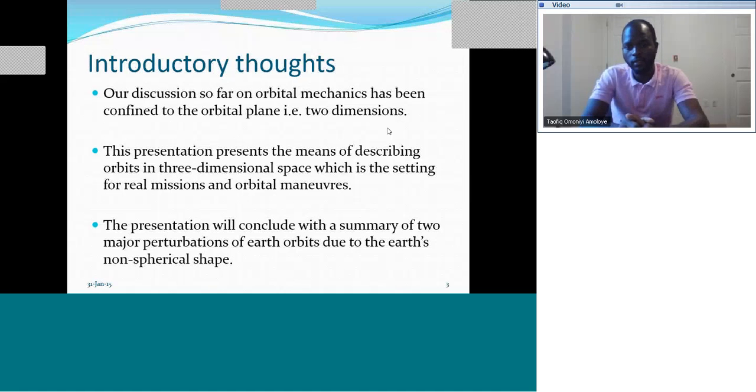Such deviation of the physical shape of the Earth from the perfect sphere has some effect on the 2 body motion that we were studying in AAE 313. So we'll look at what such effects are and how such effects have been utilized to place some satellites.